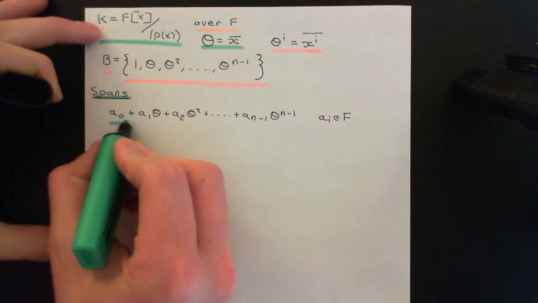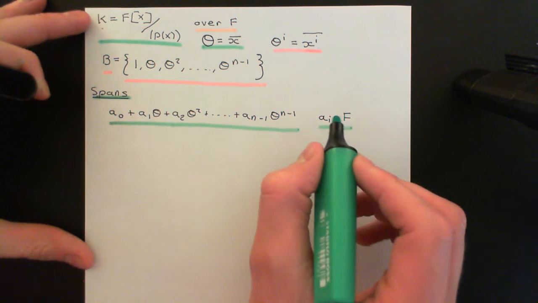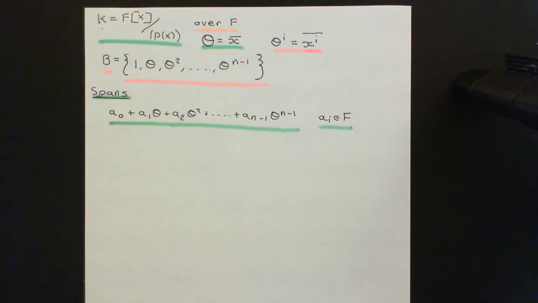So what I want to show then is that I can get any element of my field extension K. I can get any coset within the quotient ring of the ring of polynomials over the field by the principal ideal generated by p of x.